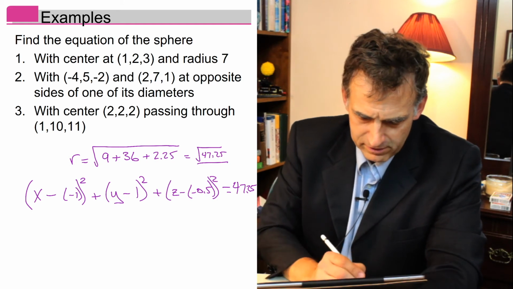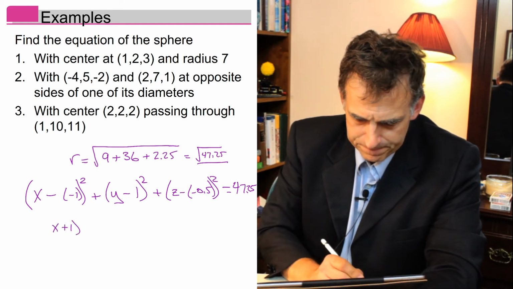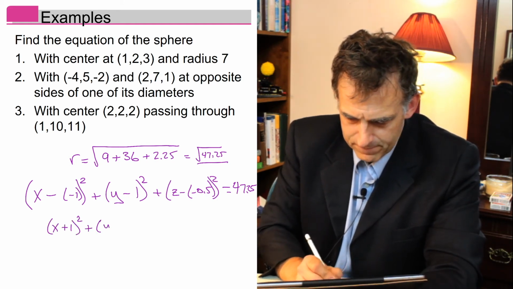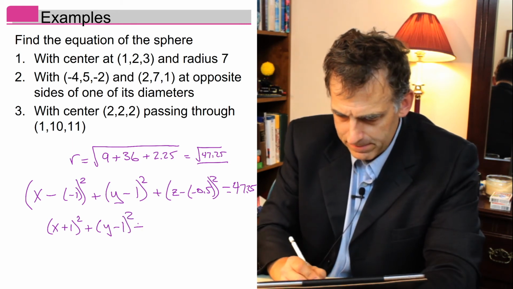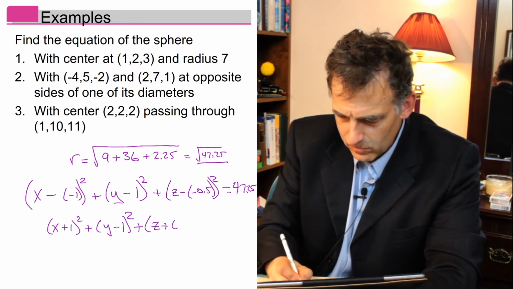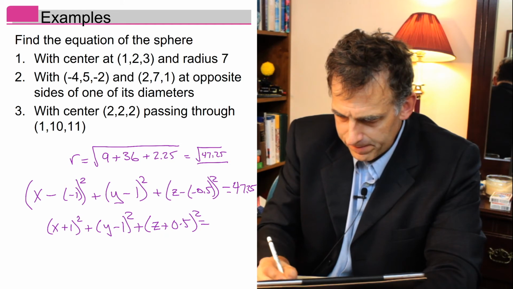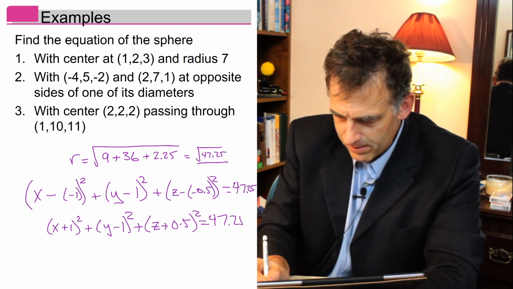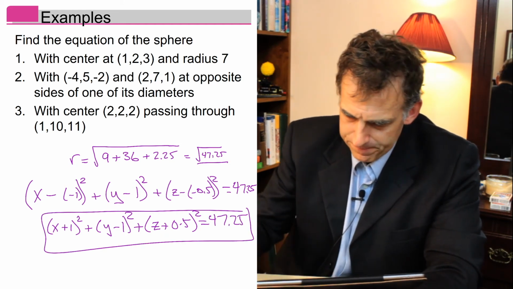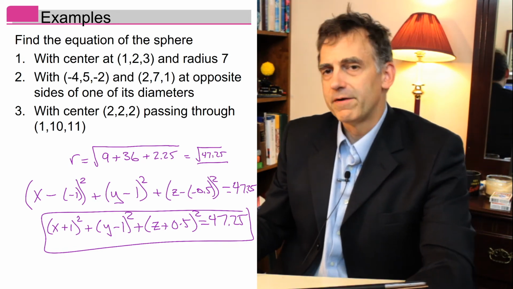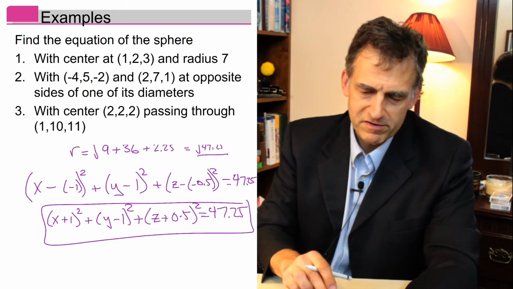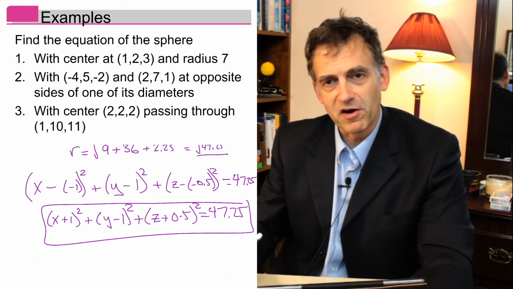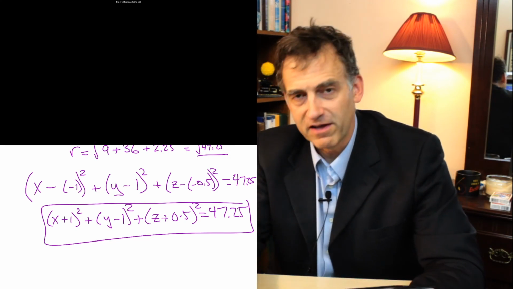Then I can clean this up just a little bit. And there you go. That wasn't too bad. Well, it was bad, but it wasn't as bad as some of the things that are coming up. So you can look forward to those other things.